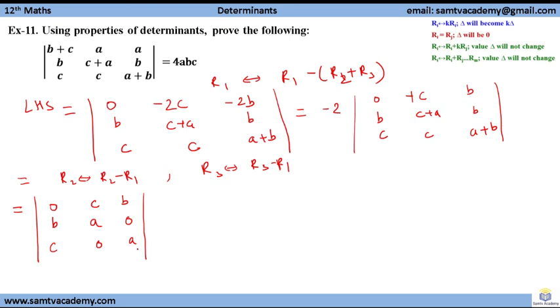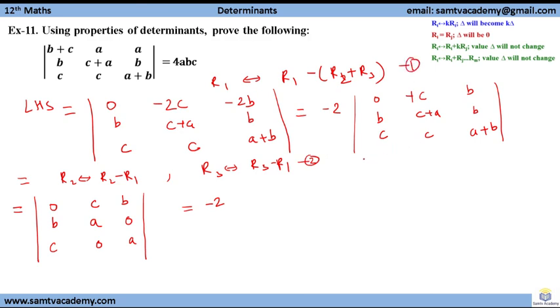Now what you can do, you can take common from C2 and C3. Take C common from C2. Now minus 2 is there, this is second step, this is first step.